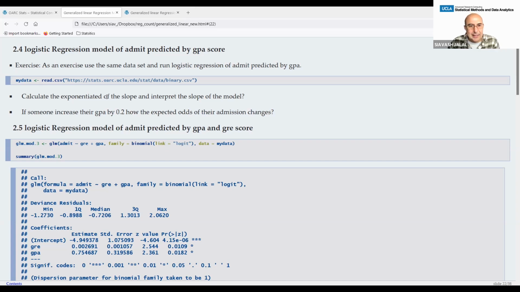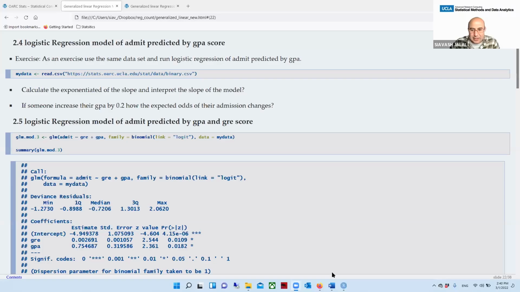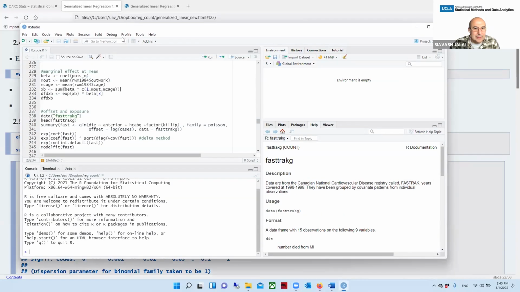Okay, now let's do that in R. Do I share the whole screen? Let me stop share and share again the whole thing. I can go to R. Okay. This is small.